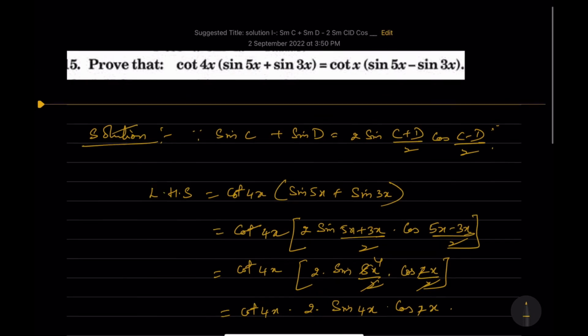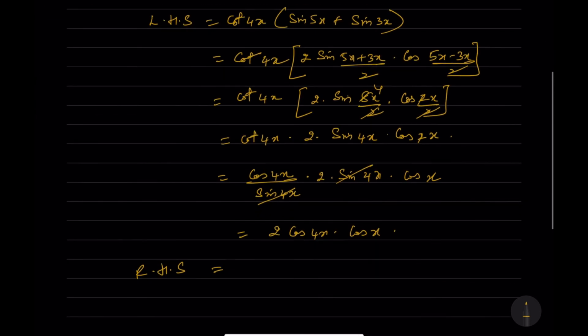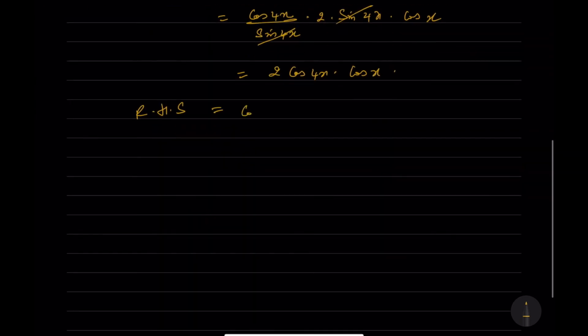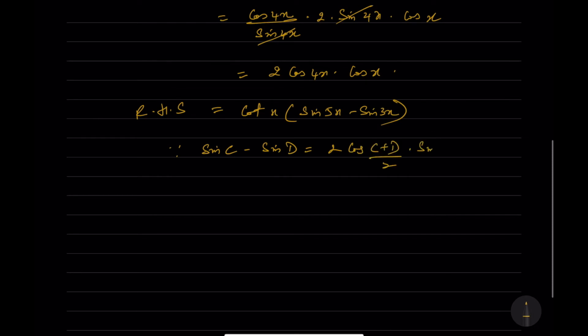We are given cot x into sine 5x minus sine 3x. So we also know since sine c minus sine d is equal to 2 cos c plus d by 2 into sine c minus d by 2.